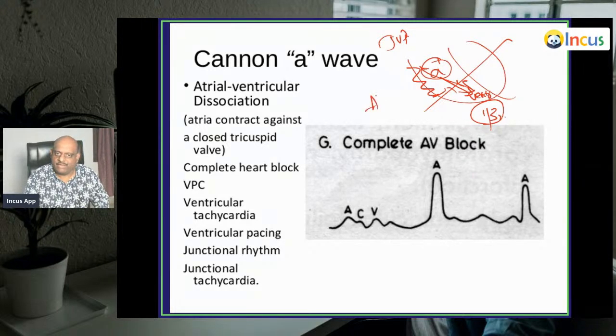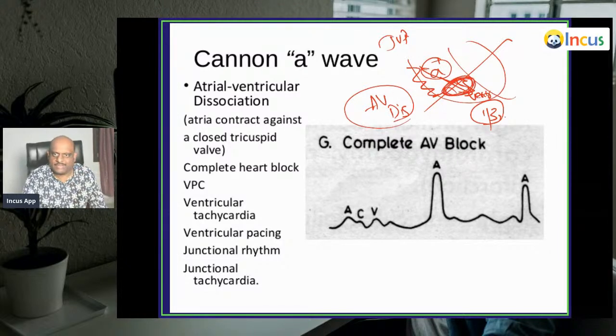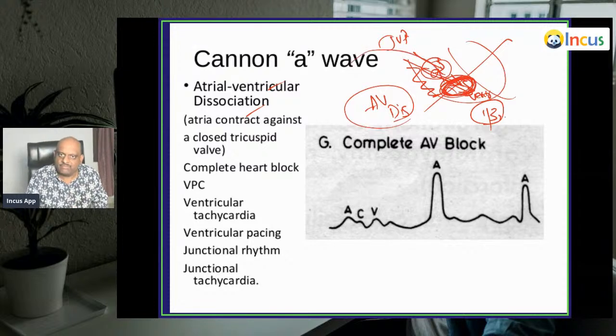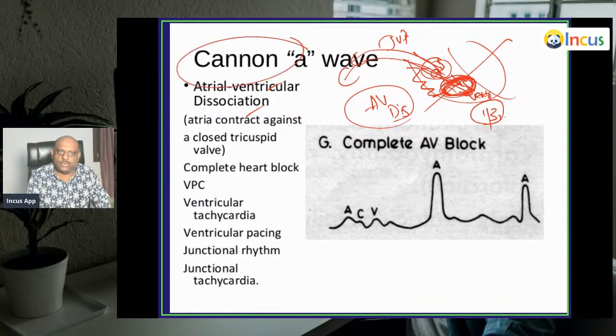But if there is an AV dissociation, the valve is closed when the atrium is contracting. So then what will happen? It will hit the closed valve, and that will push the pressure back into the JVP, leading to a cannon A wave at the time of atrial contraction.